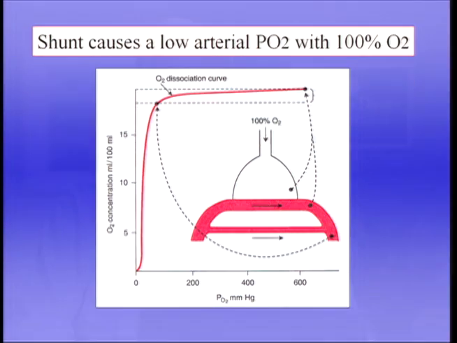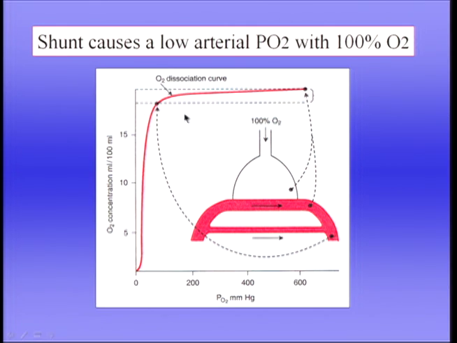So we add the oxygen concentration, and what we find is that there is a small decrement in the oxygen concentration as a result of this shunted blood that we've added. The shunted blood has a low oxygen concentration, so when it's added, the oxygen concentration is reduced a relatively small amount. So this shows the fall in the oxygen concentration. It's not very much, as you can see. This is the fall in the oxygen concentration caused by the shunted blood.